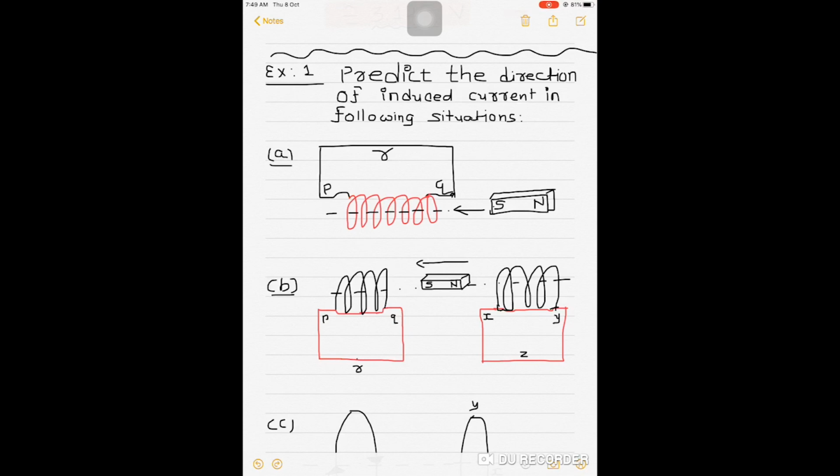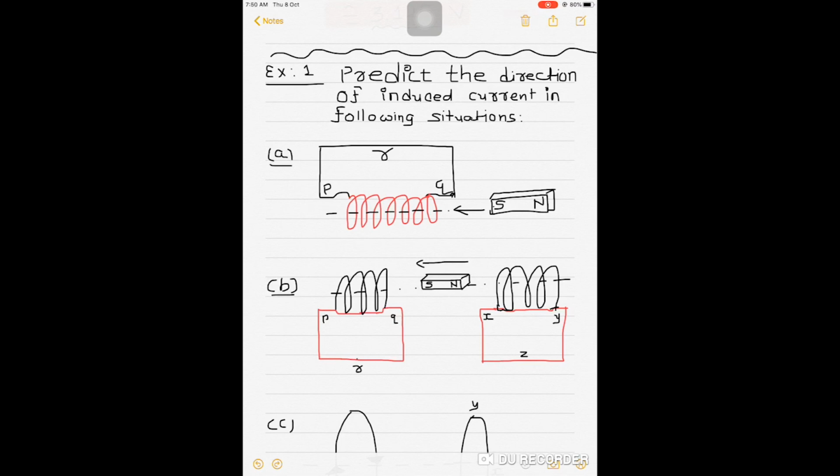So first, the figure that is shown, that is A. In figure A, we are given a coil PQR and a small bar magnet whose south pole is approaching the coil.